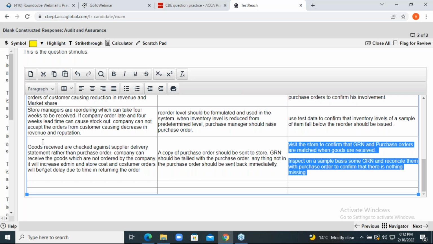So if the purchase order and GRN are reconciled for a sample of purchase orders, then we can say that the system is working properly. But if we ordered 50 items through the purchase order and received 60 items through the GRN, this means that no one is counting at the warehouse or taking the purchase order into consideration. So the control system is weak.